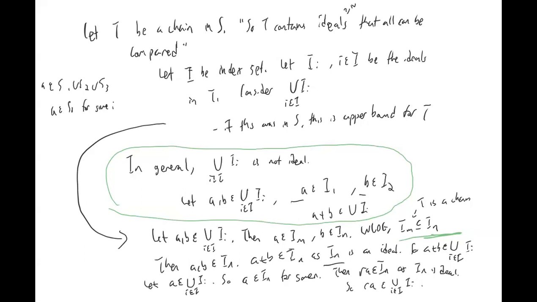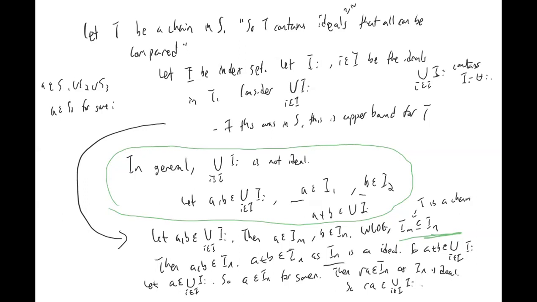Is everyone clear on this? So this is indeed an upper bound, because the union of the I_n certainly contains I_n for all n. So we're certainly in an upper bound. And this was an arbitrary chain.